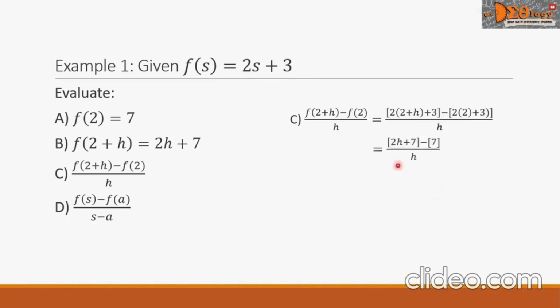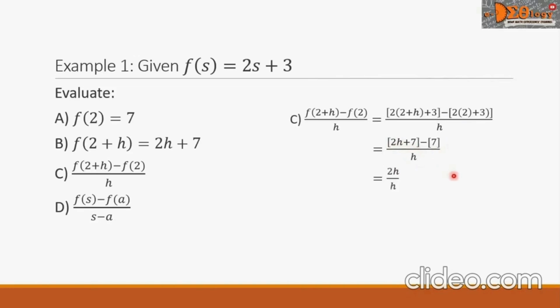So we have now the group 2h plus 7 minus the 7 all over h. And to simplify further, if I remove the grouping symbol, the positive 7 and the negative 7 here will cancel each other. It becomes 0.